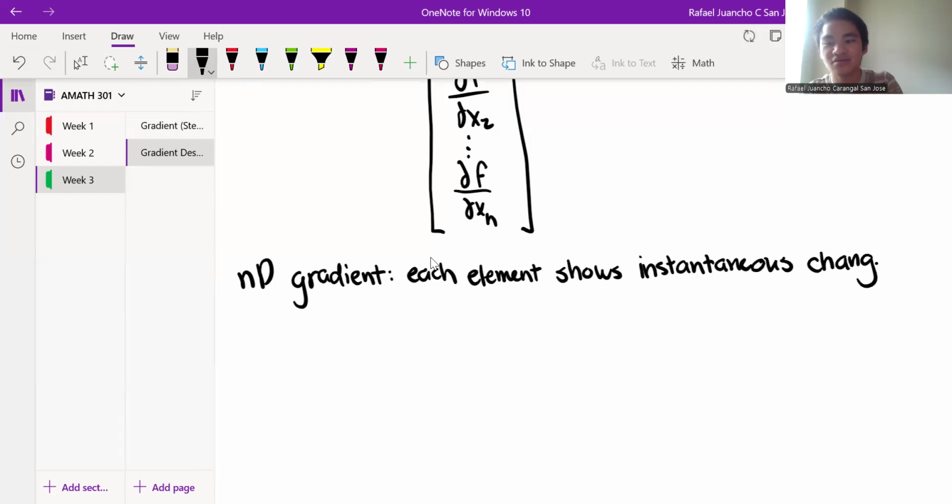So it's not just a single element, unlike the previous Calculus 1 course. So it shows each element's instantaneous change of that particular function, a function that contains tons of variables, right?